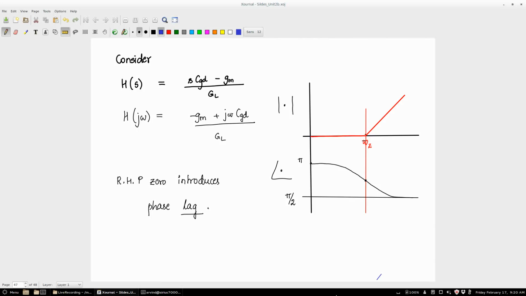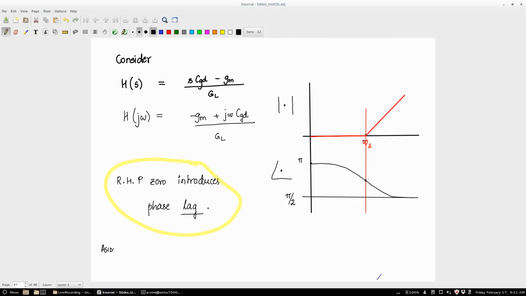But for the phase, do you think the zero will compensate the phase due to the pole? It depends on where the zero is. That's why we had considered a situation where I was considering a right half plane zero. A right half plane zero causes a phase lag of pi by 2 from the frequency below the corner frequency to after the corner frequency.